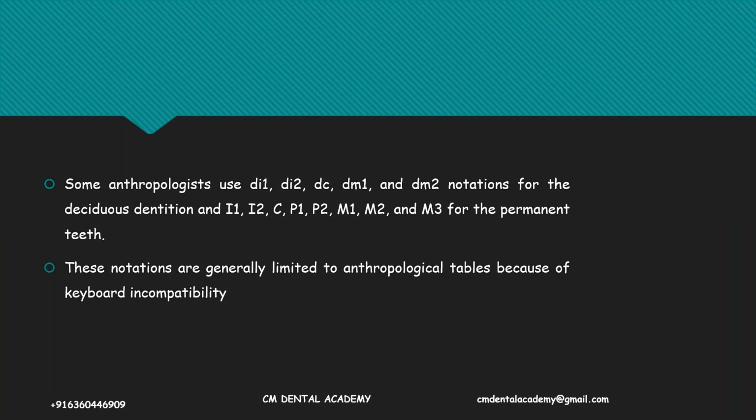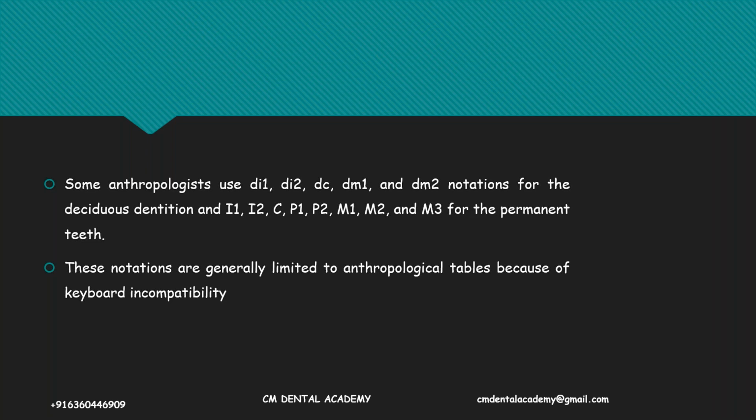Some anthropologists use easy dental notations, which are convenient for them to document whenever they are on the field. So they use DI1, DI2, DC, DM1, and DM2 for the deciduous dentition whenever they're documenting. In the case of permanent dentition, they use I1, I2, C, P1, P2, where P stands for premolar first and premolar second, and first molar, second molar, third molar are notified as M1, M2, and M3.